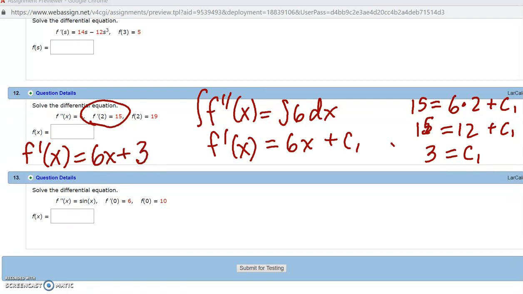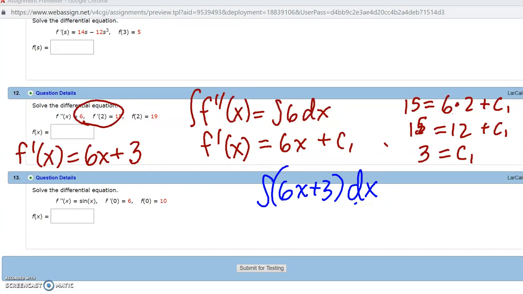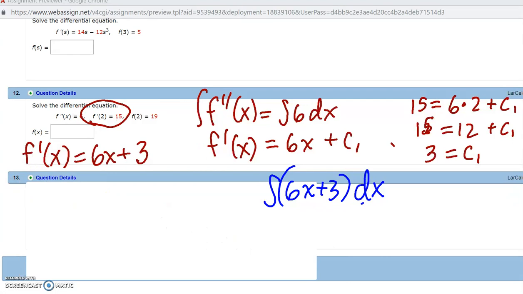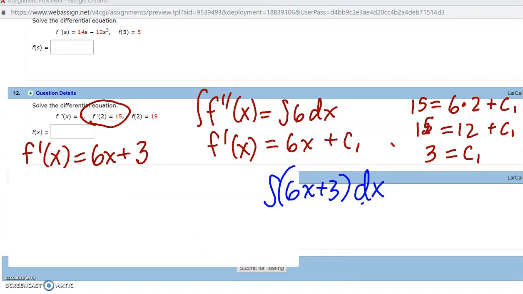Now I'm going to go ahead and take my integral again, the second integral, 6x plus 3 dx. And again, this is all still for problem 12. I'm just going to cover this problem up so we don't have to think about it, just get it out of the way so I'm not thinking about 13. There. Okay.